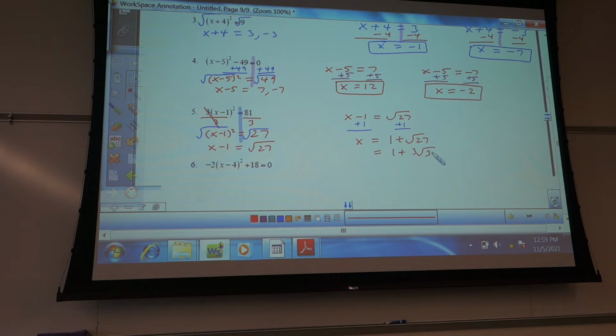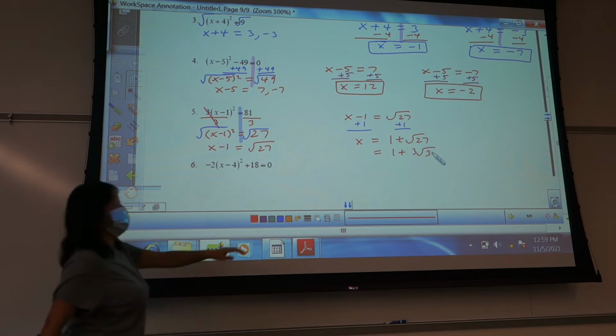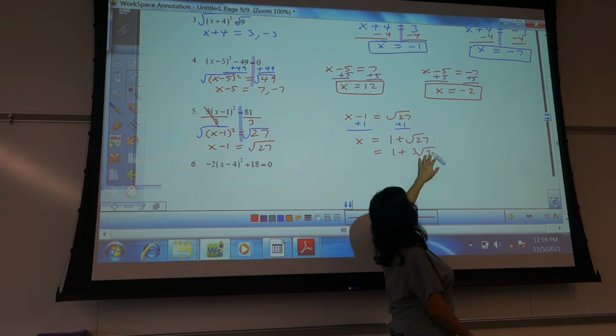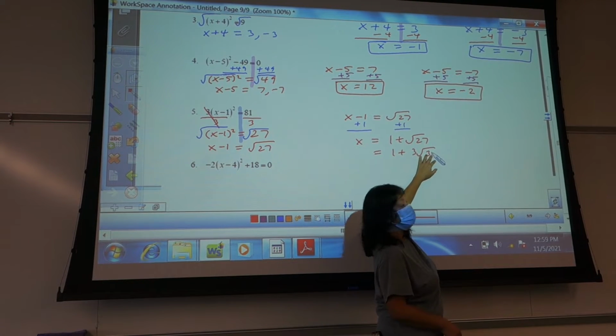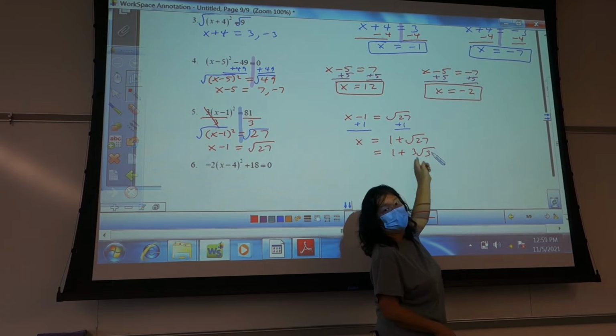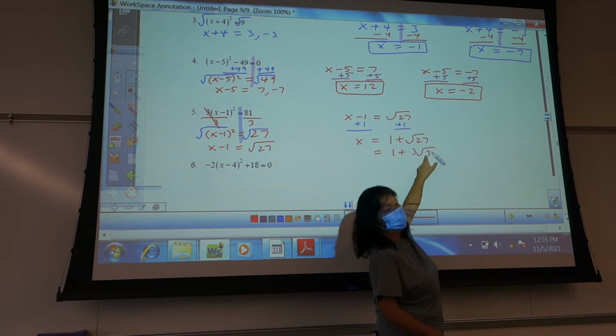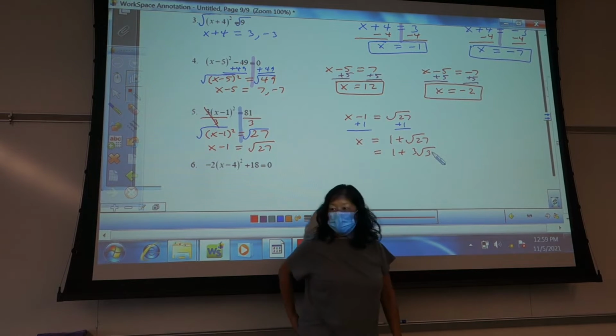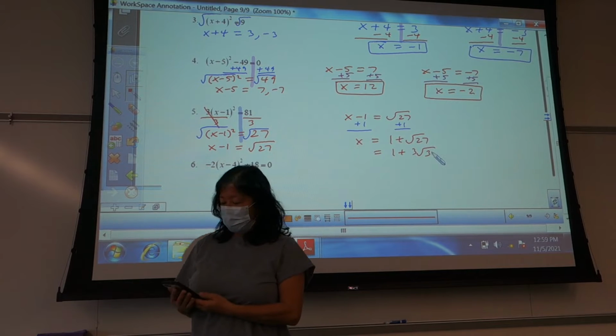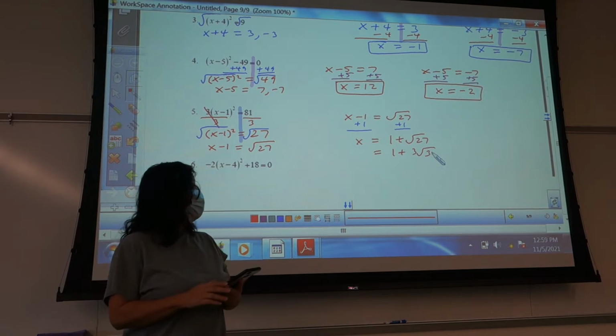Think of this square root of 3 kind of like an x or something else being multiplied. It's not just a number. So you can't just add the 1 and the 3. You can't do that because the 3 is being multiplied by the square root of 3. Does that make sense for folks? But let's do this. Let's just pull out our phones and do the square root of 27.